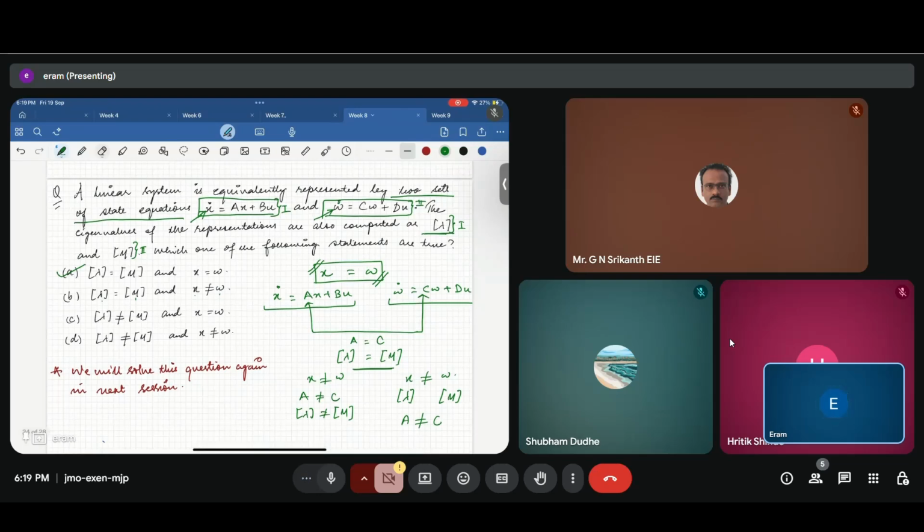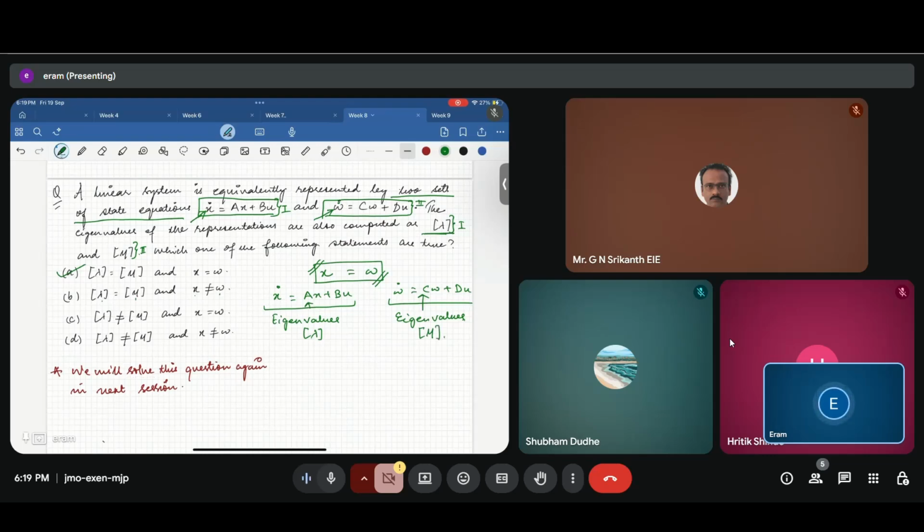So these things I have written here. Let me clear these things. Okay, so the set of eigenvalues for this state model is lambda, and the set of eigenvalues for this state model is mu. Okay, and the question was to select the correct option among these four.